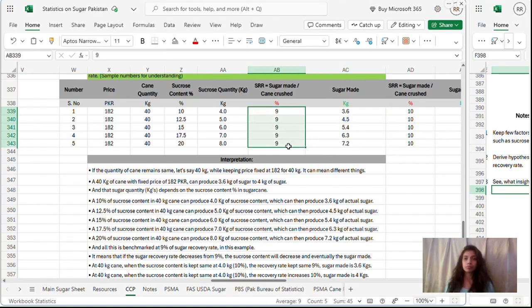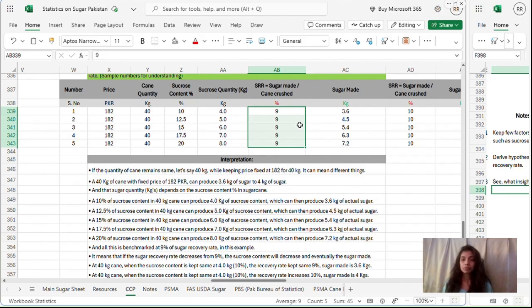Sugar recovery rate we have discussed before as well, but repeating it again, it is the total quantity of sugar made by crushing the cane. So let's say you have 100 kgs of cane, and the mills crushed that 100 kgs of cane and produced 10 kgs of sugar from it.